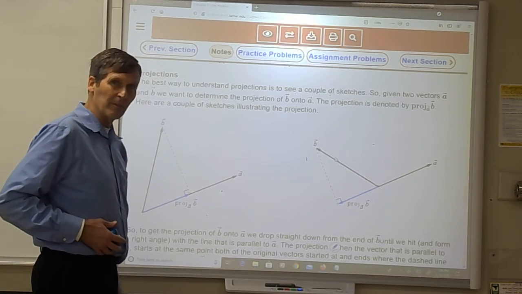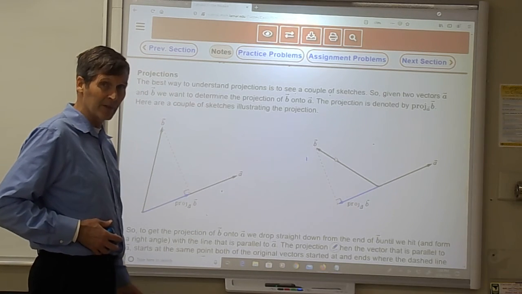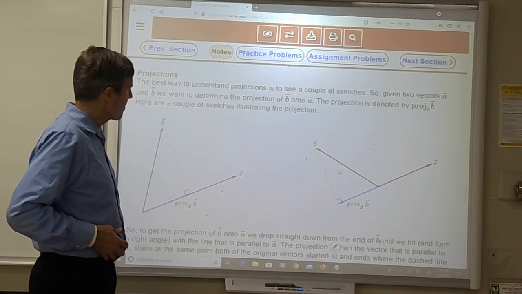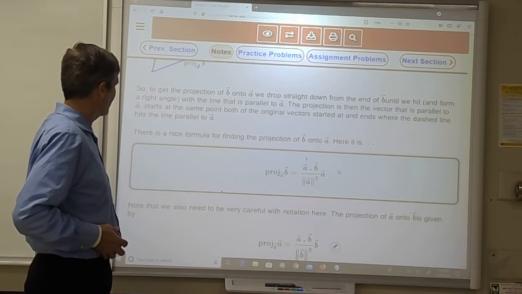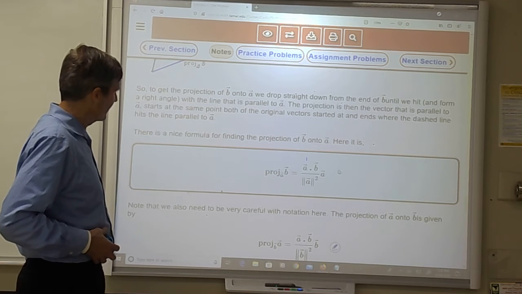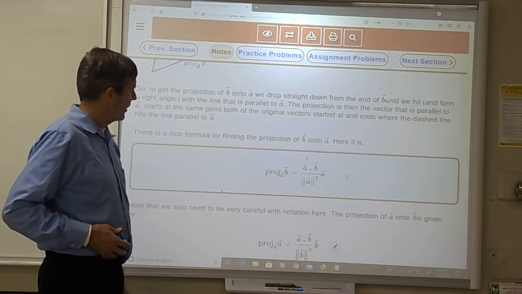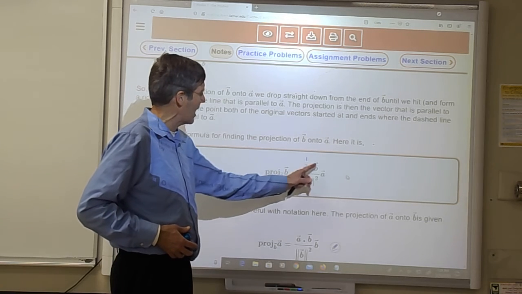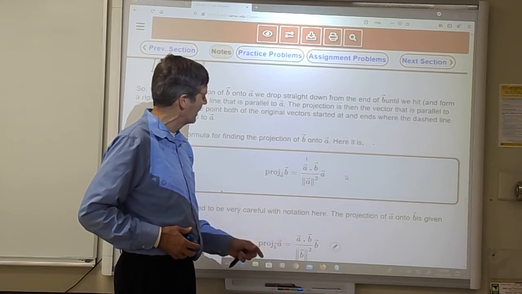How can we compute that projection? This is actually very important in calculating work in physics and engineering, as we'll see later in the section. Well, we can do the following proof to show that the projection of any vector b onto the vector a is (a dot b) over the length of a squared, times a.